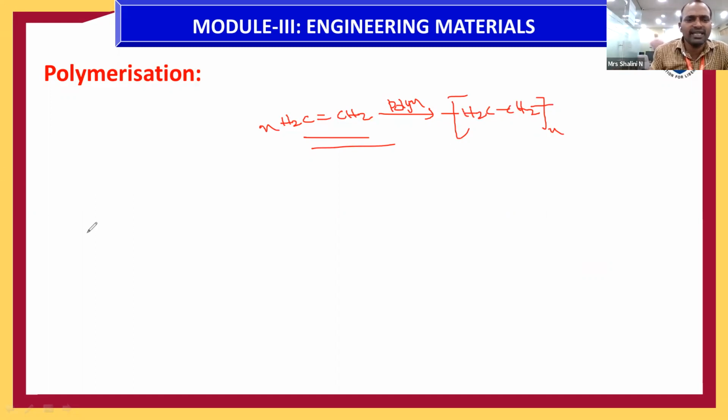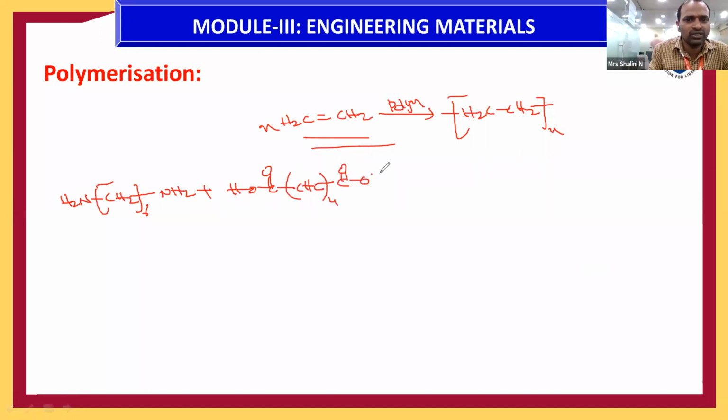Some polymers, like nylon 66. The monomers are H2N CH2 taken 6 times NH2, hexamethylene diamine, plus adipic acid, HOOC CH2 4 COOH.